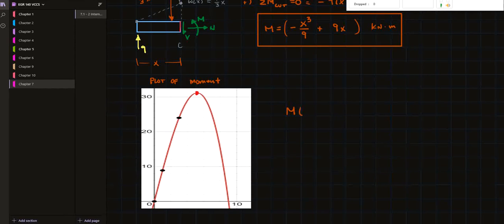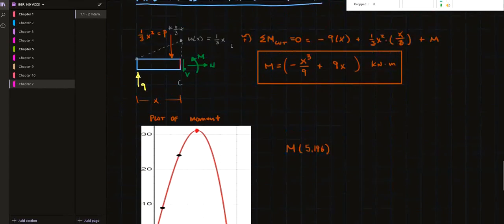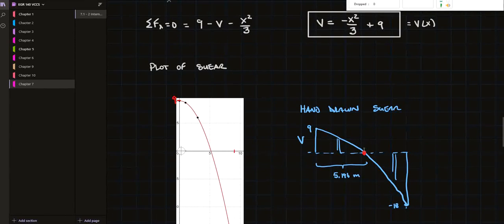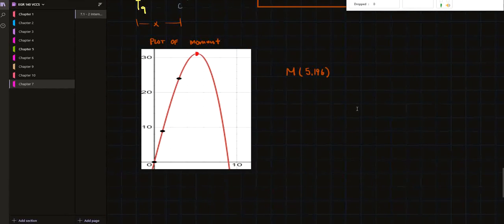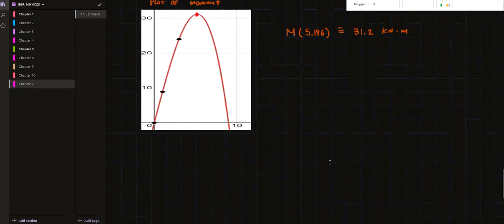The maximum moment at 5.196, that is where this shear is 0, ends up equaling approximately 31.2 kilonewton meters.